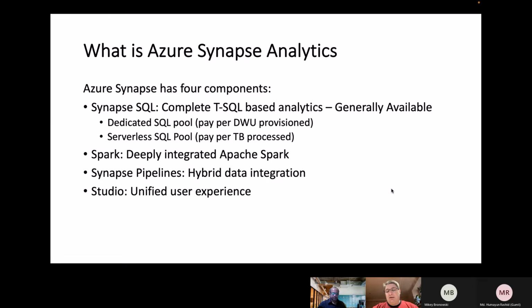So what does this mean? This means that you have predictable performance because each dedicated pool has a number of so-called data warehouse units. And those data warehouse units are like processing power. So the more you pay, the more power you have.